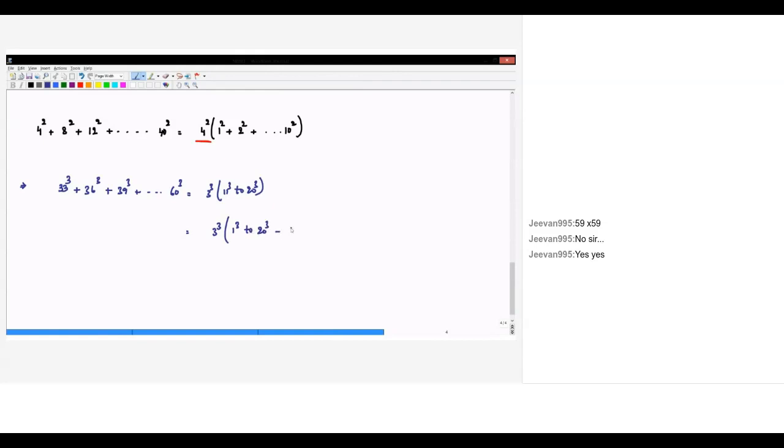Then subtract 1 cube to 10 cube. So it's divisible by 27, which means it is divisible by 3. It is also divisible by 9. You can check for the answers, like what are the numbers which are divisible by 9 and what is its unit digit also, you can check it. Right?